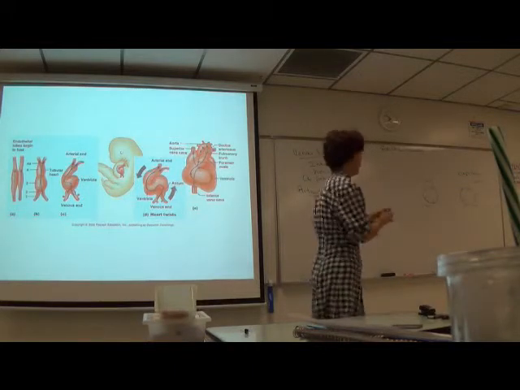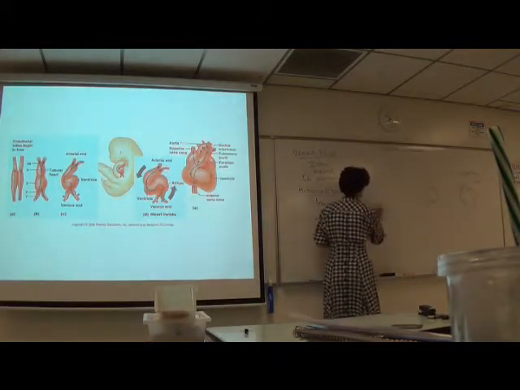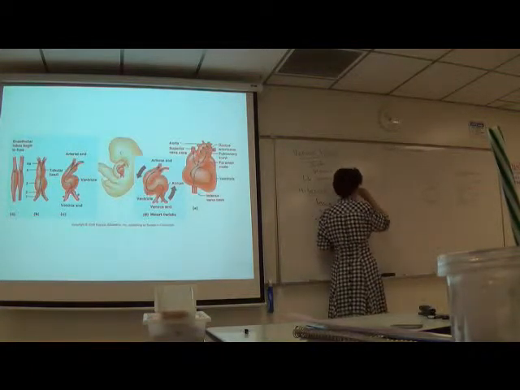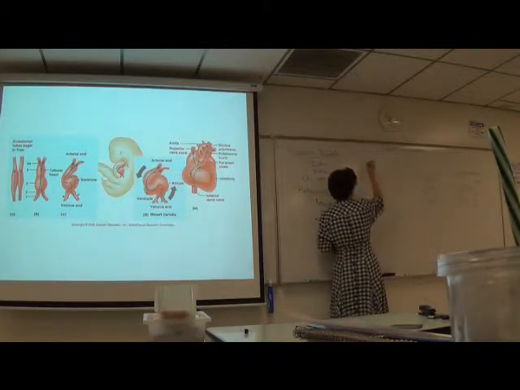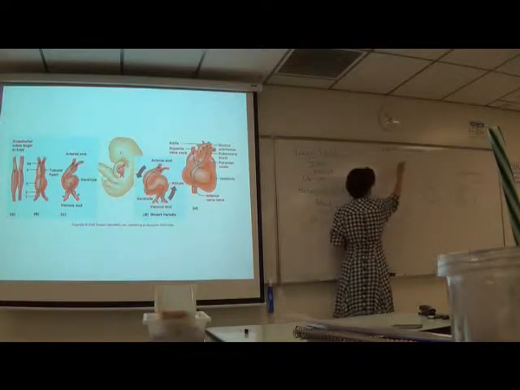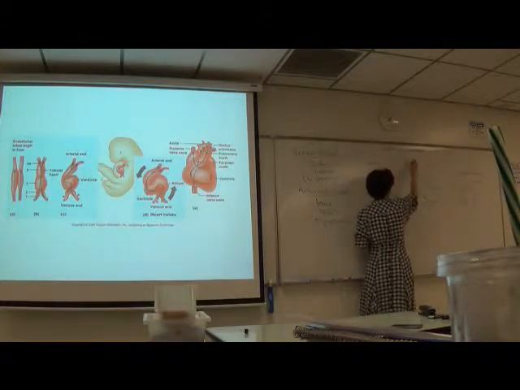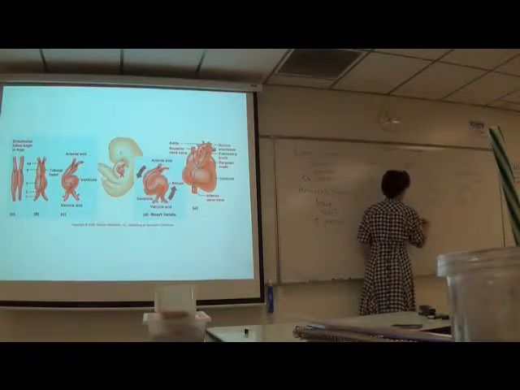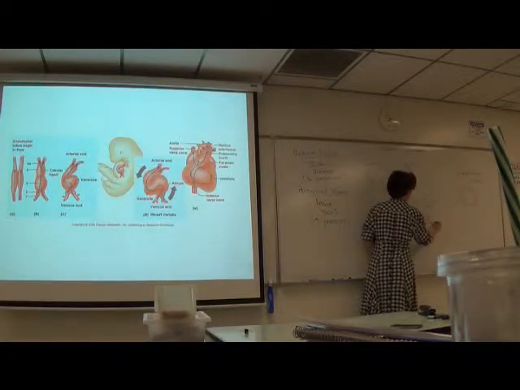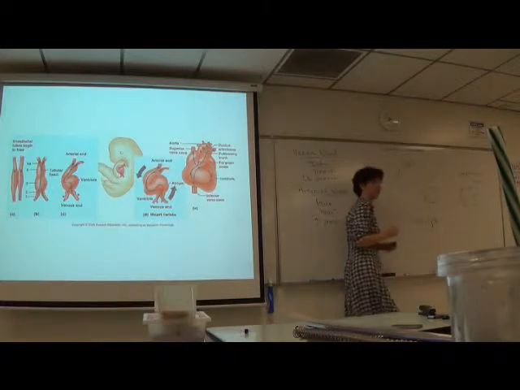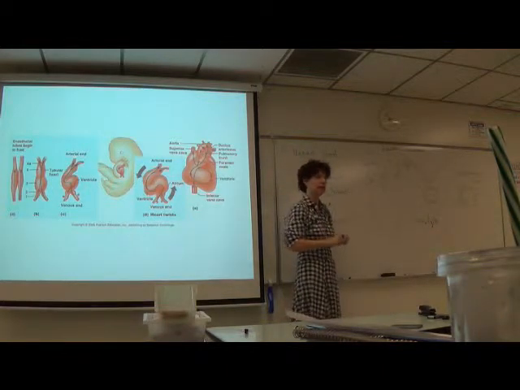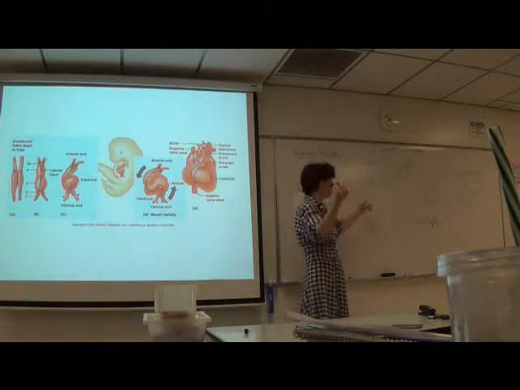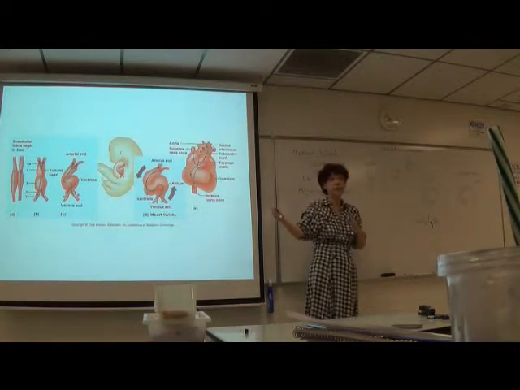So the 2 receiving chambers are going to be coming from the body, coming from the gills, and then 1 output going to both the body and the gills. All right, so we only need 1 pressure. 1 pump means 1 pressure. So same pressure is going to the body, same pressure is going to the gills.